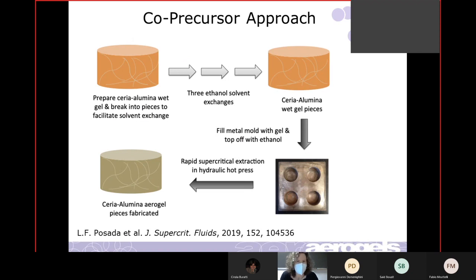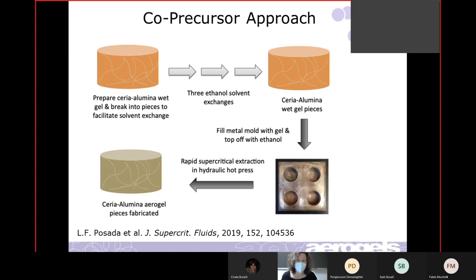Professor Anderson emphasized that for supercritical CO2 extraction, it's necessary to do solvent exchanges in order to first get a more nonpolar solvent into the gel and then get liquid CO2 into the gel prior to doing the extraction.